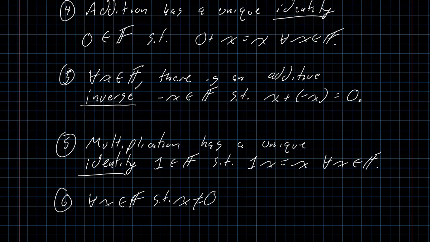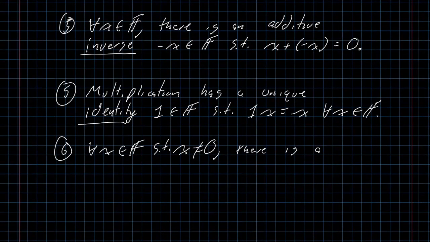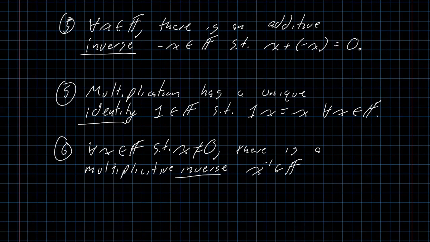And then for any element other than 0, there is a multiplicative inverse. The thing you probably know of as the reciprocal, which we'll denote as x raised to the negative first power. And if you multiply a number times its reciprocal, you get 1. Nothing crazy going on there.